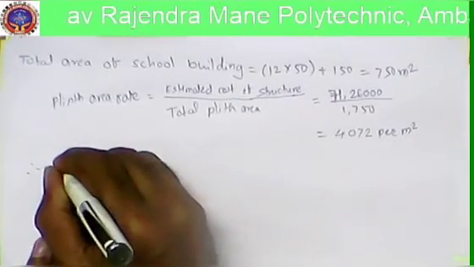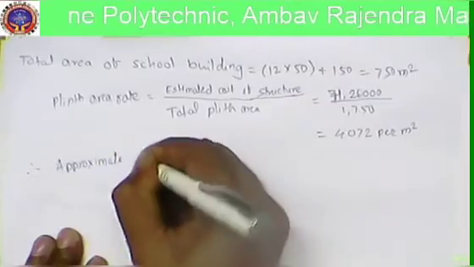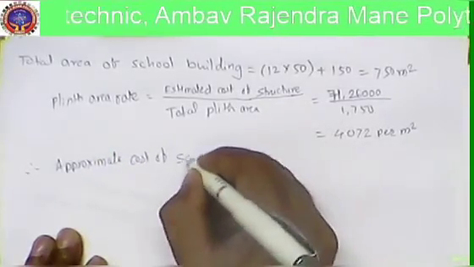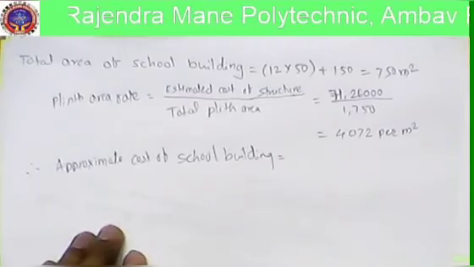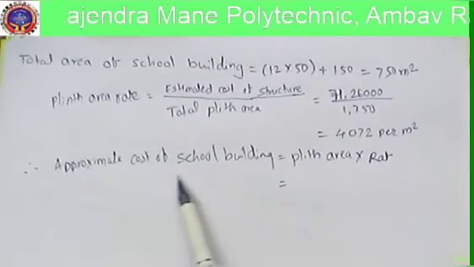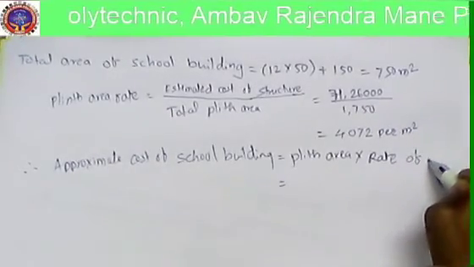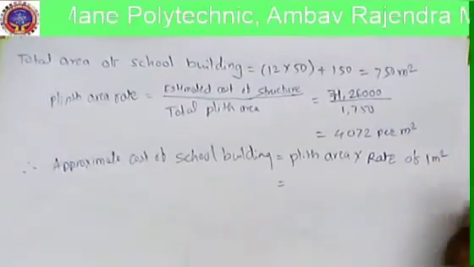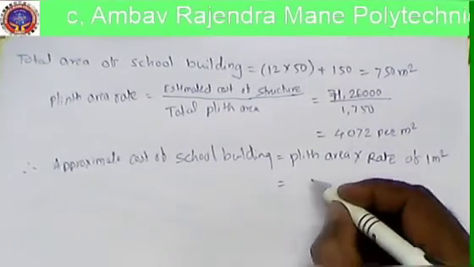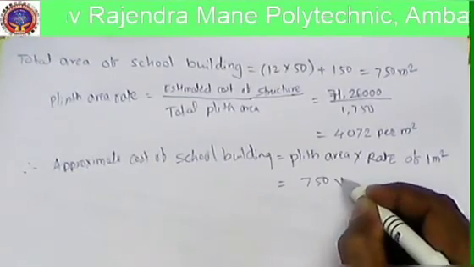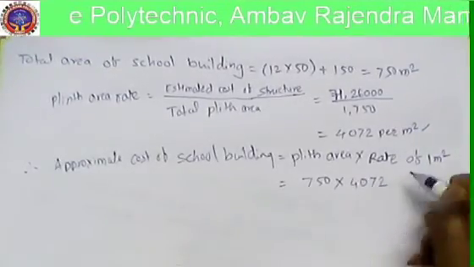So the total plinth area of the proposed building we have calculated is 750 square meter into the rate of the existing building, 4072 rupees per square meter.